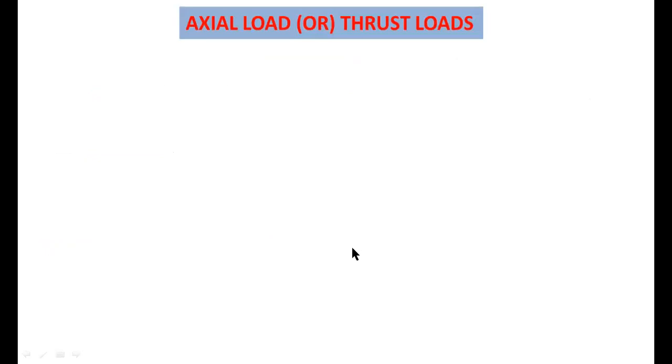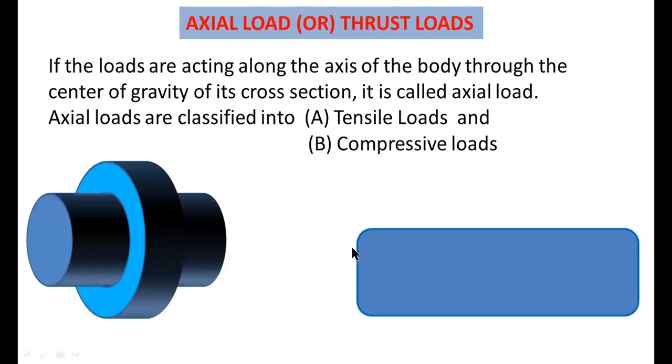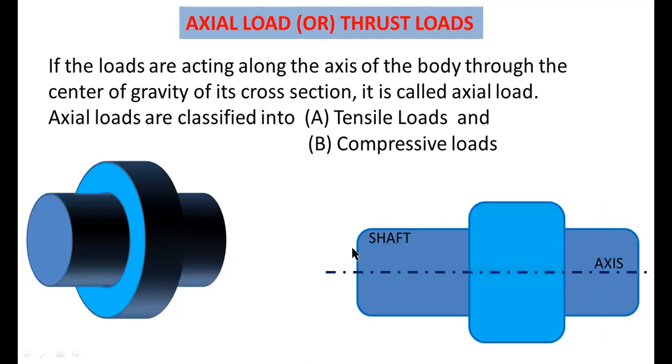Axial loads are also called thrust loads. If the loads are acting along the axis of rotation of the member, or along the axis of the object, then this type of load is called an axial load. Here you can observe the load acting along the axis of the object.